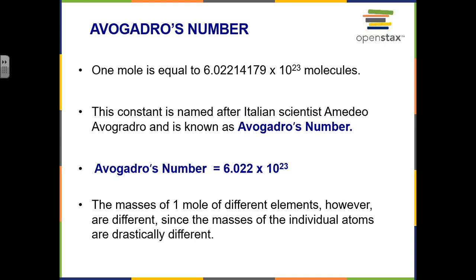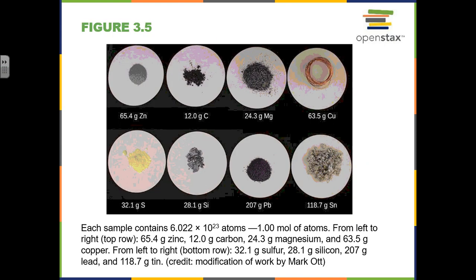Now, here's the thing. When you apply that many units of any of those atoms, they all are going to have a characteristic weight or mass, if you will. And that mass is going to be unique to the element or compound in question. So let's look at an example of Avogadro's number quantities of each of these respective elements.